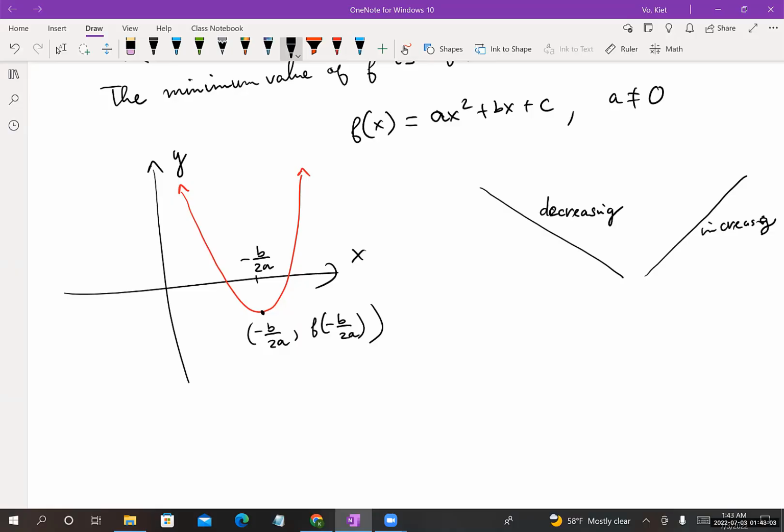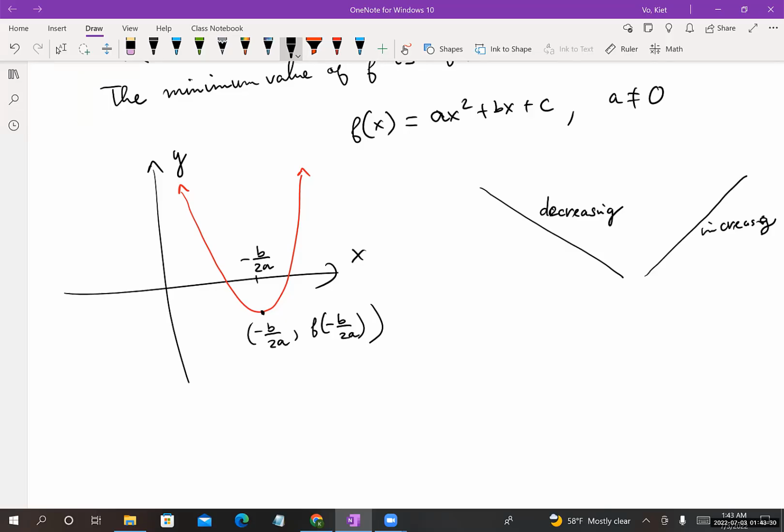And let me remind you that a function is increasing if, as the x value increases, the y value, the output, also increases. And a function is decreasing if the x value increases and the y value decreases. Okay.